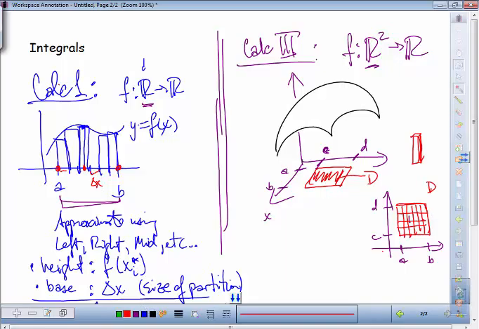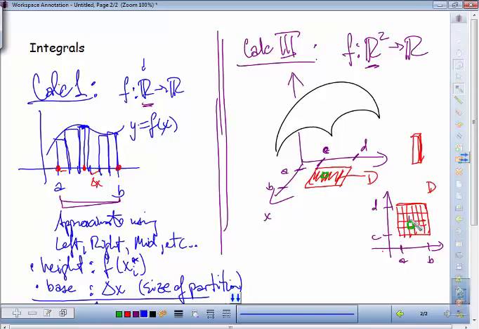And if I focus on one particular partition, that could be like a base that I have. Let's see if I can see that partition here on my 3-dimensional picture. Maybe that's where it is. And then I can find the height by picking any point in this rectangular partition that I'm looking at.